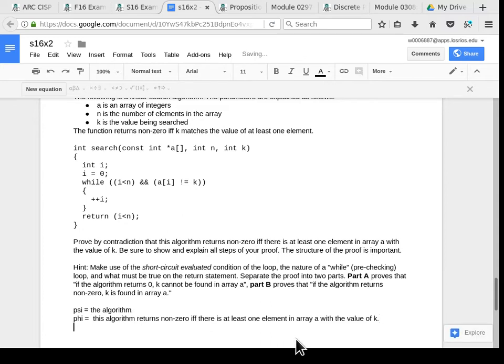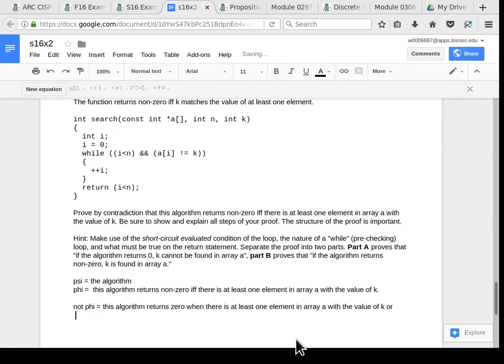Okay. So now you have to say what is the negation of the theorem. Not phi equals, okay, there's at least one case where the algorithm returns 0 when there is at least one element in array A with the value of k, or, okay, so there's an or here, or this algorithm returns non-zero when, I shouldn't use the word and, I should use when, there is no element in array A with the value of k.